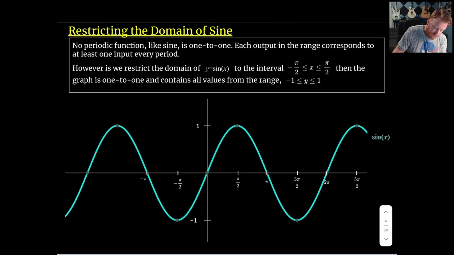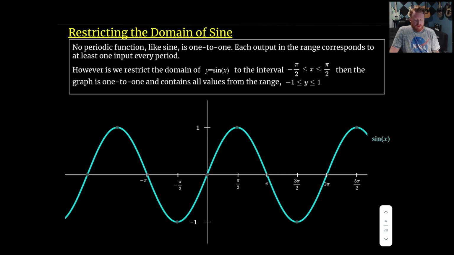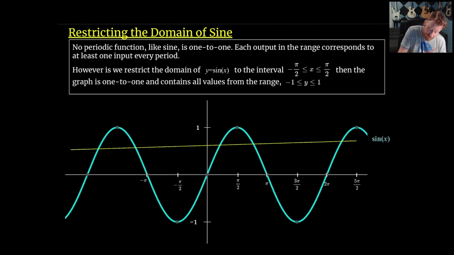So now we need to be a little bit more careful with what we're doing. We need to restrict these domains if we're going to be able to find inverses. No periodic function like sine is 1-to-1, because each output in the range corresponds to at least one input every period. Here we can illustrate that happening by using a vertical line, or I'm sorry, the horizontal line test.